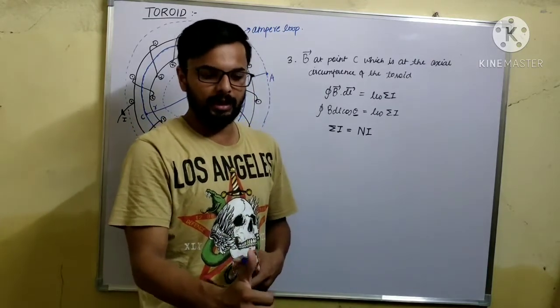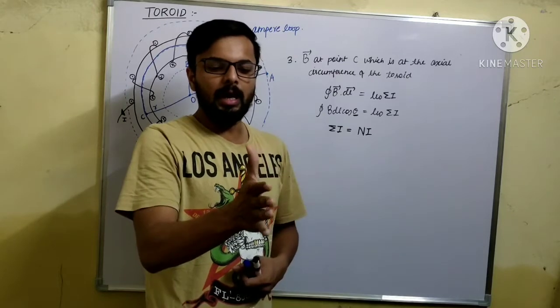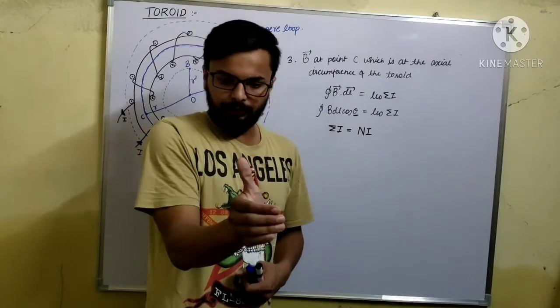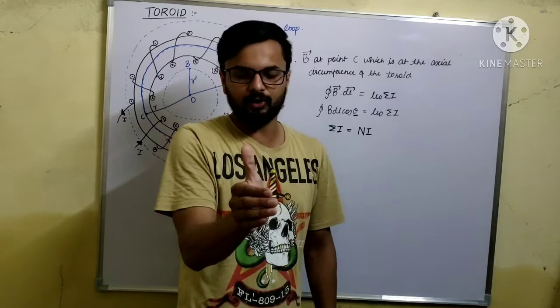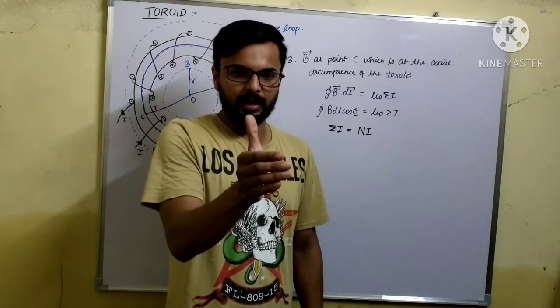If you take the direction of current with the help of the right hand thumb, the curling fingers will give the direction of magnetic field. So what is the direction of magnetic field?